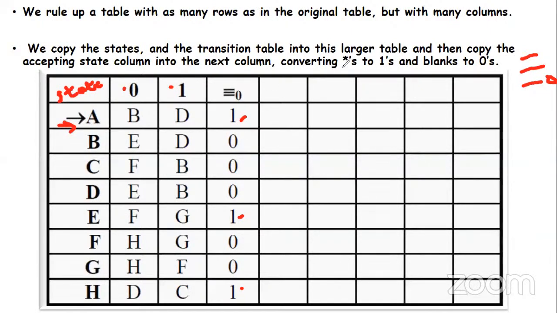So the next step is to generate the next set of inputs. Sorry, let me clear this one first. So you have 0 and you have 1. We want to generate the first equivalence, which is written as this. So how can we generate that? Please listen very carefully.